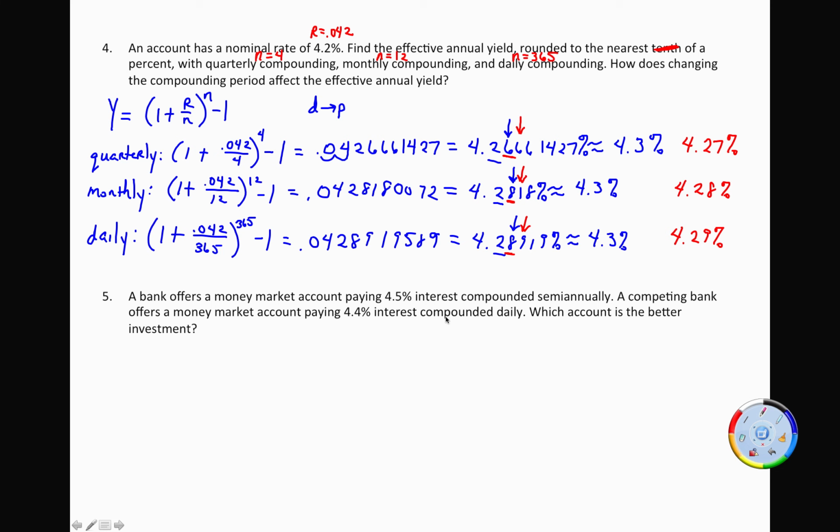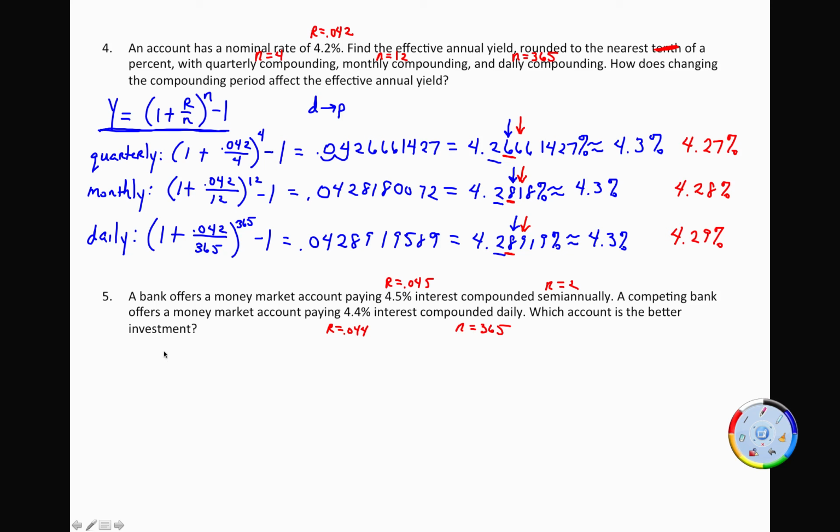I'm just going to calculate both of these in my effective annual yield formula. And here's my effective annual yield formula that I'm going to use. Except in the first one, I'm going to let R be 0.045 and N be 2. And in the second one, I'm going to let R be 0.044 and N be 365.